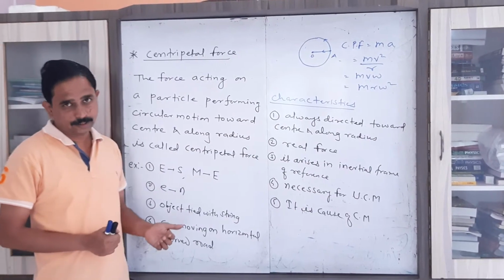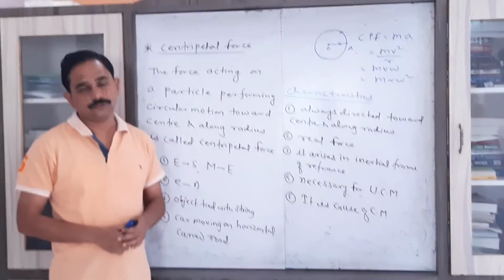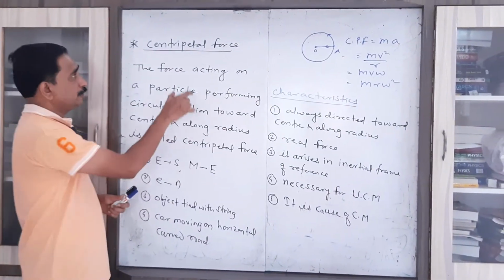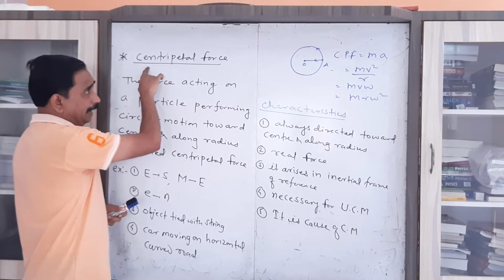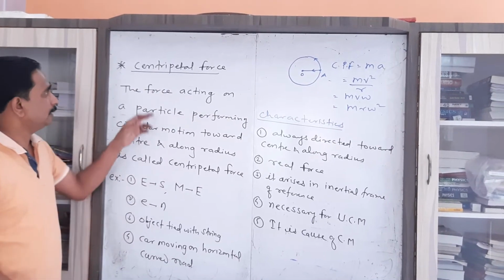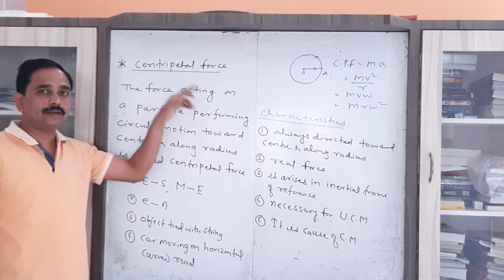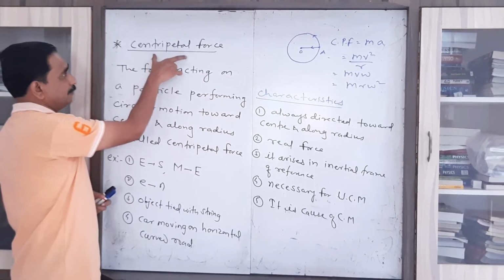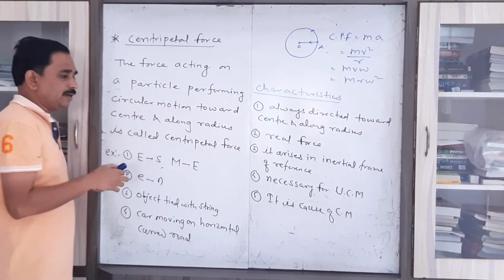Now after considering the two types of circular motion, UCM and non-UCM, we are going to start two more important topics: centripetal force and centrifugal force. Let us consider the first one, the centripetal force.